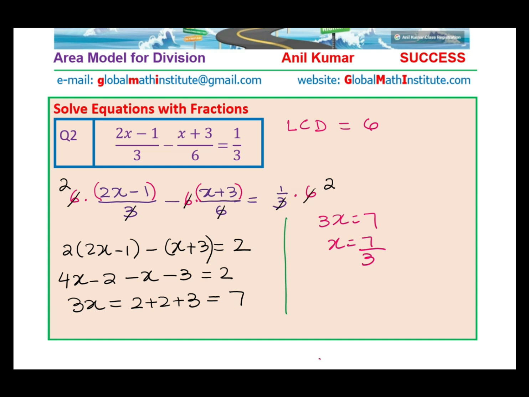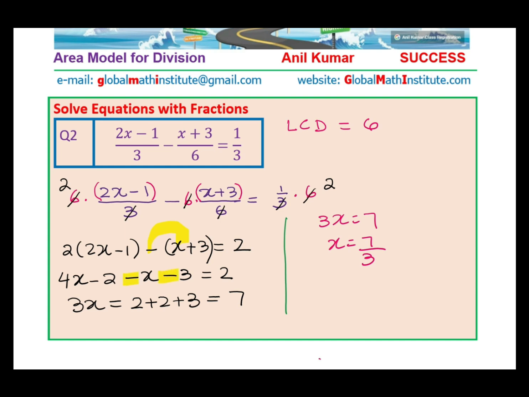I hope it makes sense, right? So basically what we did, we multiplied each term with the lowest common denominator 6. And then we had 2 times 2x minus 1, 1 time x plus 3, or the number itself, equals to 2. Once you open the bracket, it is important to see that with this negative sign, both signs change.